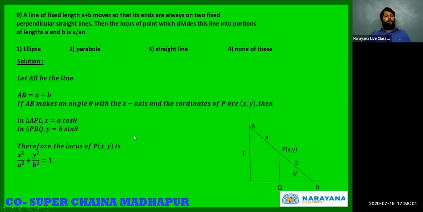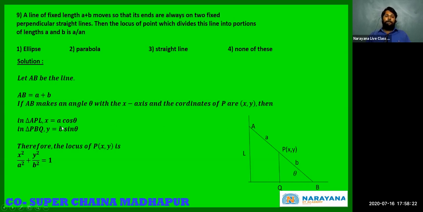Got it? What did we do here? We said, since take the 2 perpendicular lines to be X and Y axis, the given line, its length is A plus B and point P divides it in portions of A and B, which means AP equal to A and BP is equal to B. We said at any point, let us say this line makes an angle theta with the x-axis.